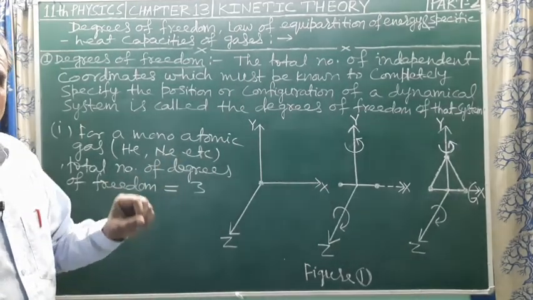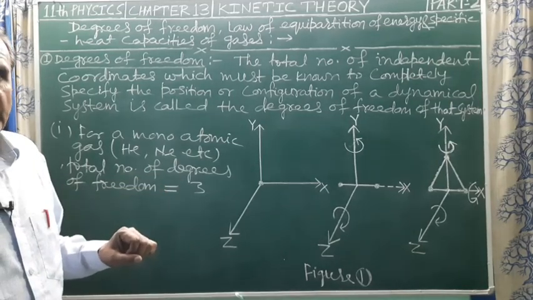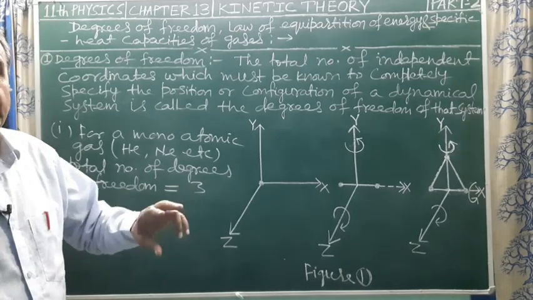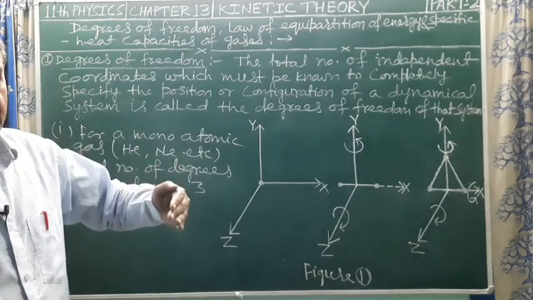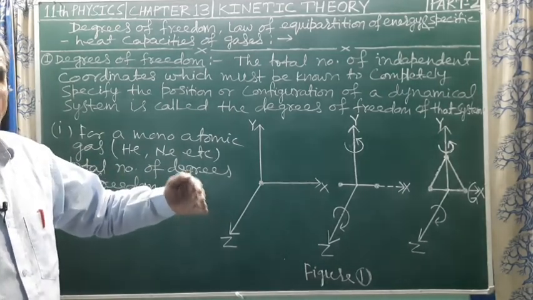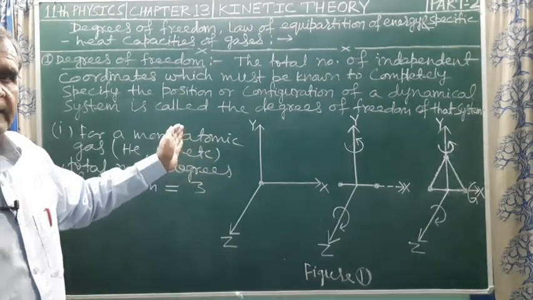A monoatomic gas can rotate, but its moment of inertia is very small because mass is very small. Hence, its rotational motion can be ignored. Therefore, only three translational coordinates, that is along x-axis, y-axis and z-axis.